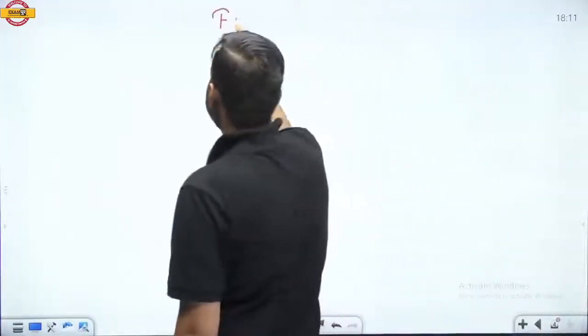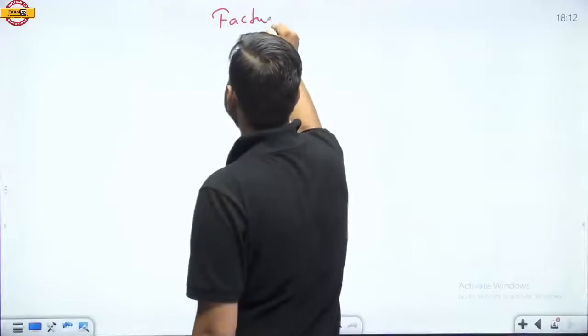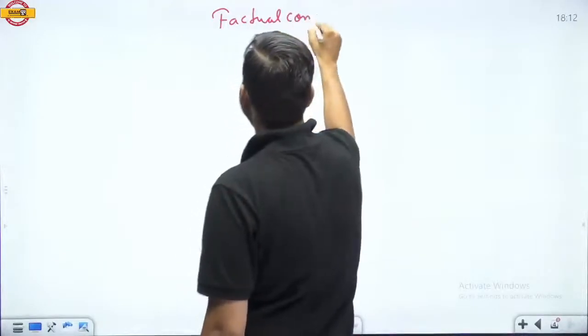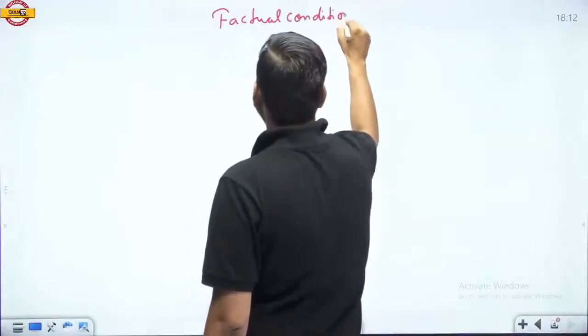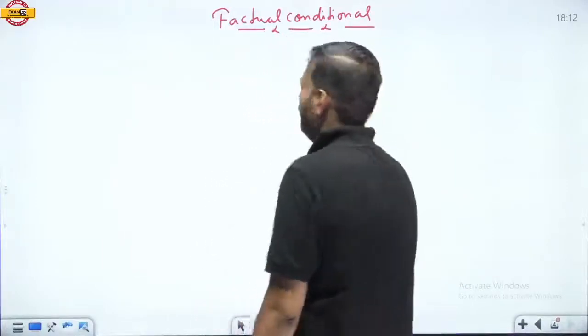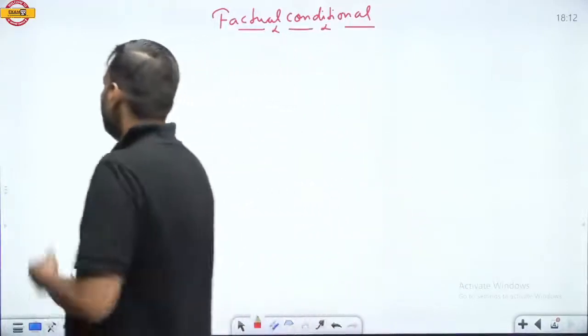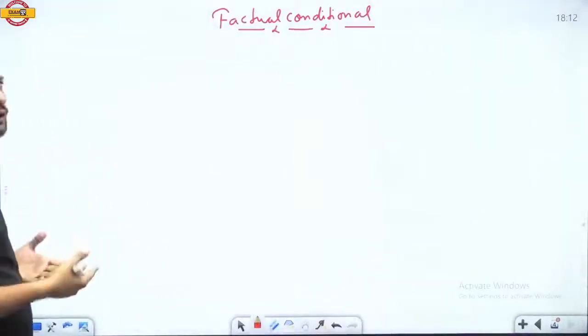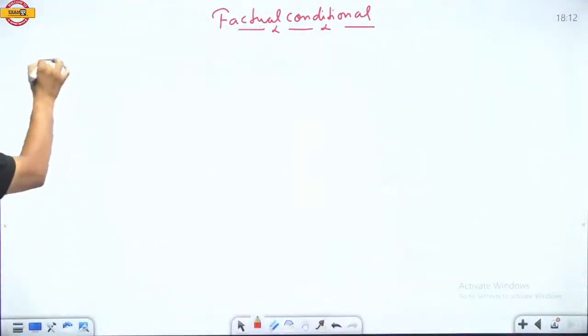The first one is the factual conditional. What is a factual conditional?